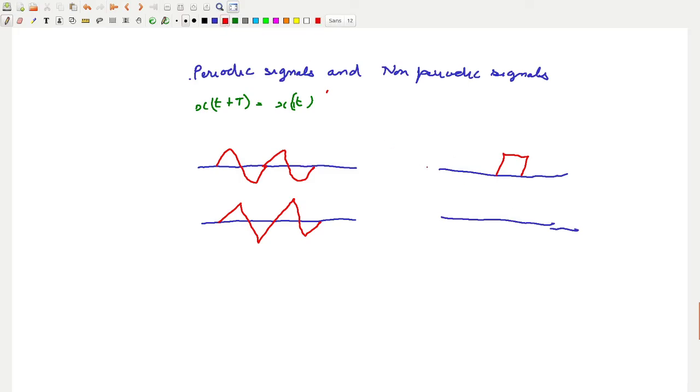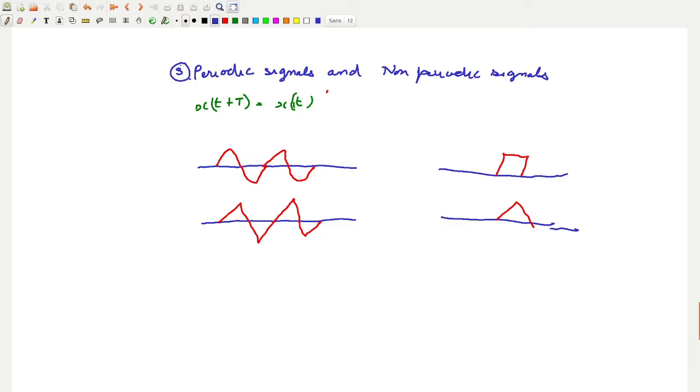Those examples come under non-periodic signals. It stops there. It's not repeating. This is our third classification. We have more classifications which we will see in detail in our coming lectures.